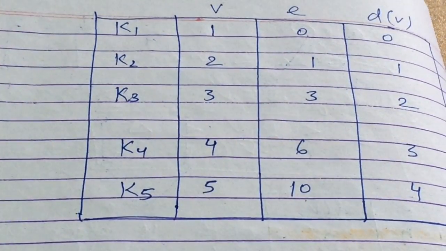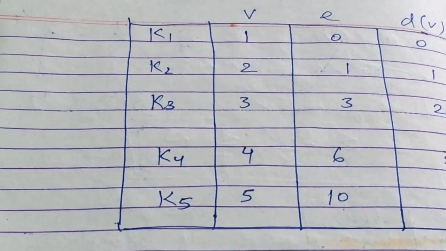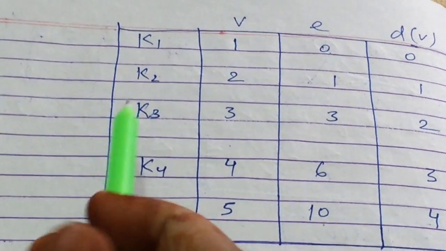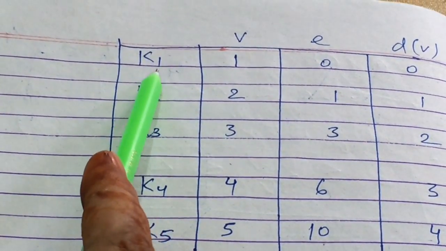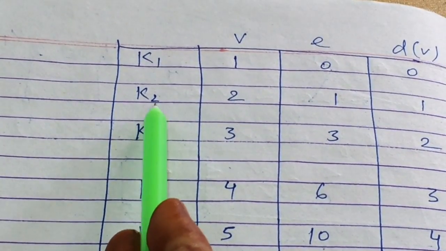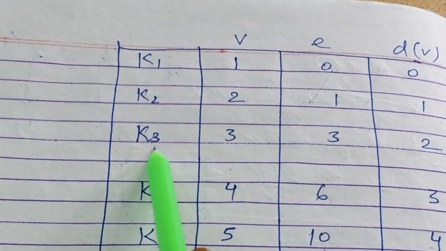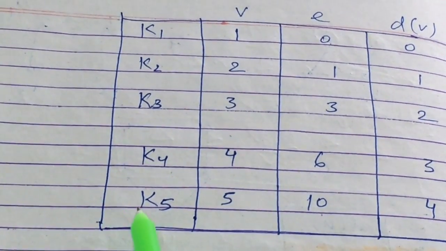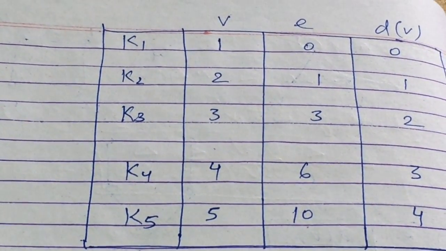Now this is a table of complete graphs: K1 containing 1 vertex, K2 containing 2 vertices, K3 of 3 vertices, K4 of 4 vertices, K5 of 5 vertices.